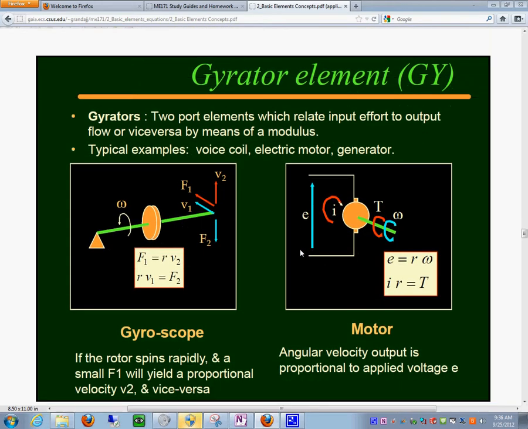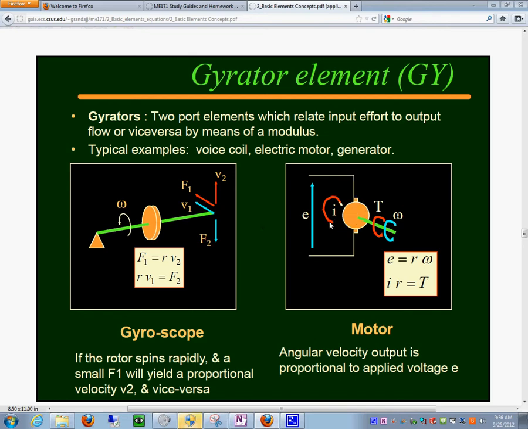Okay, now we go to this gyrator element. This is also a two-port element that we need to deal with. The best example of a gyrator element is a DC motor, a motor that you see on the right-hand side over here.